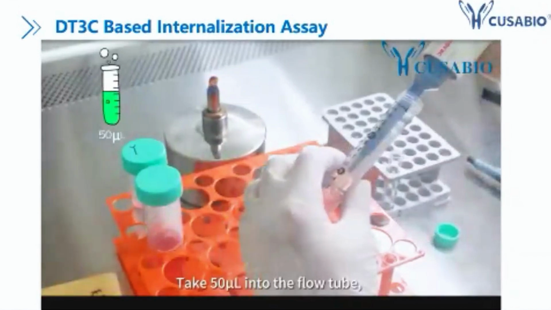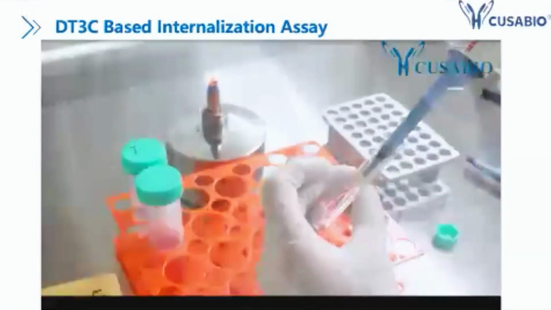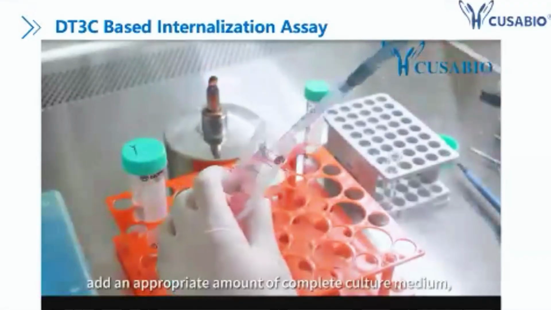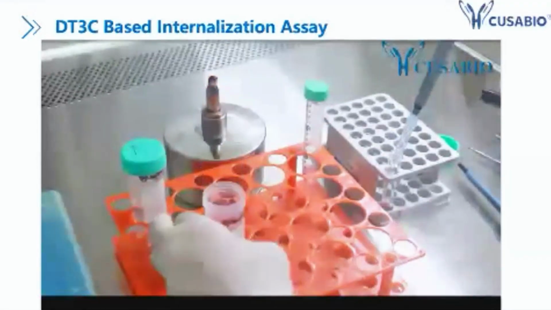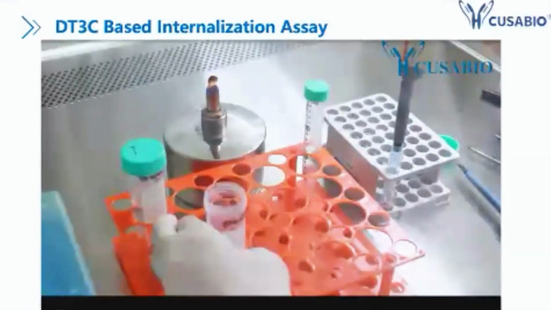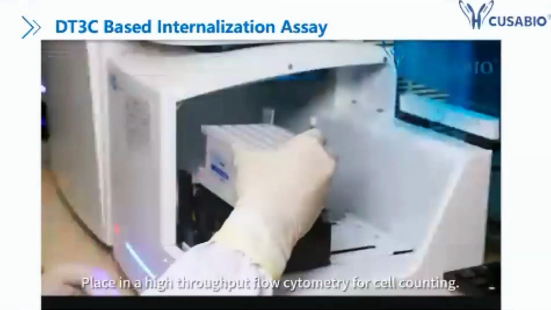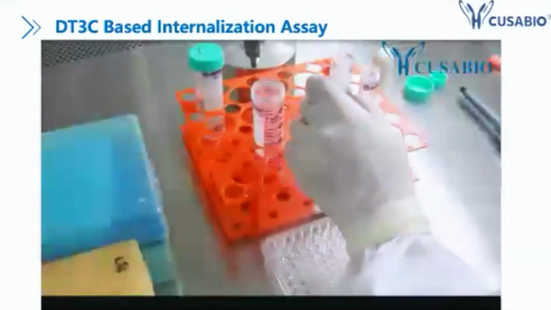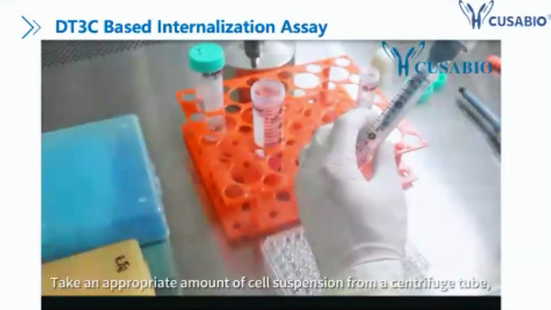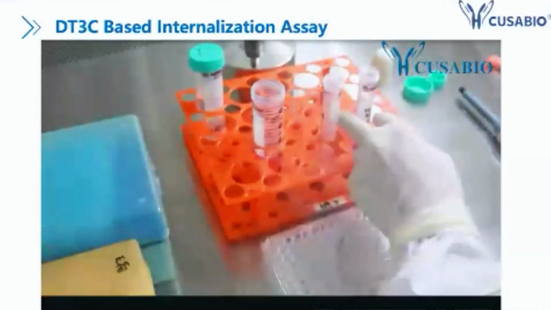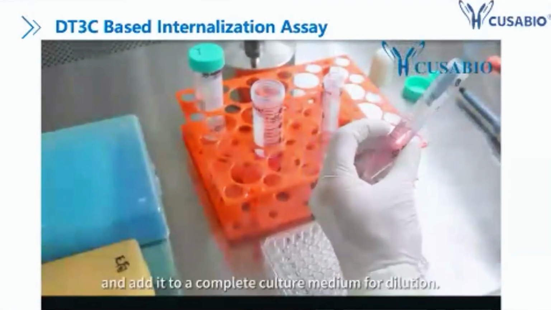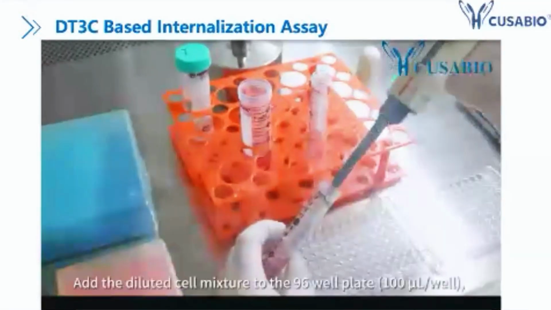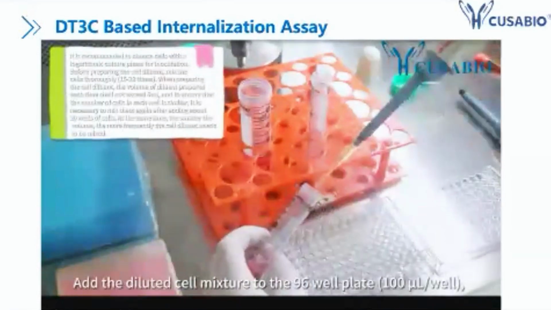Right now, our lab member is moving the cells to a flow tube, and then will use flow cytometry to count the cells. After we get the number of cells, we perform the dilution to make sure the cell number is equal in each well.